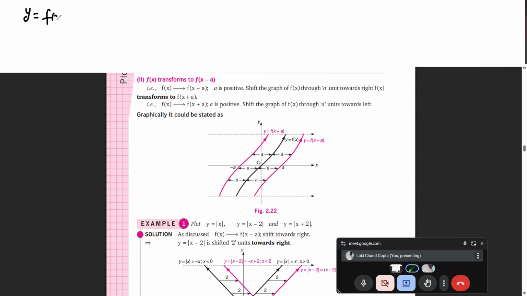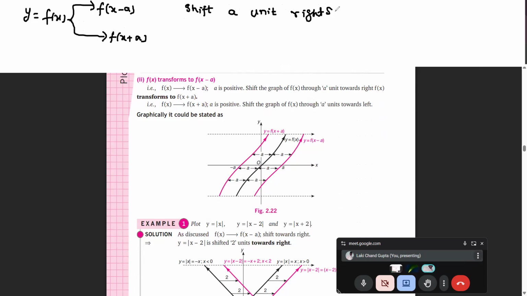If y is equal to f of x, if x is replaced with x minus a and x is replaced with x plus a, so write shift a unit right side and shift a unit left side.